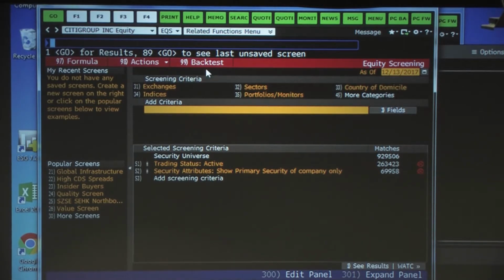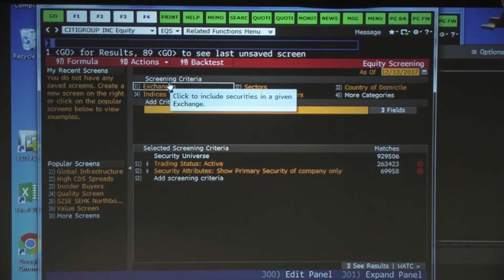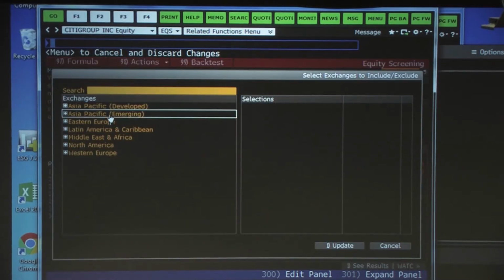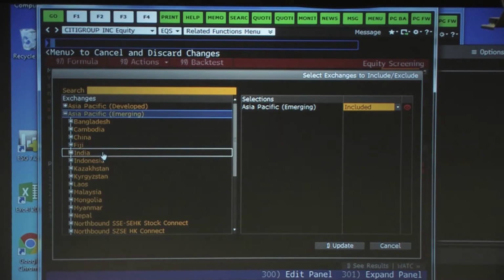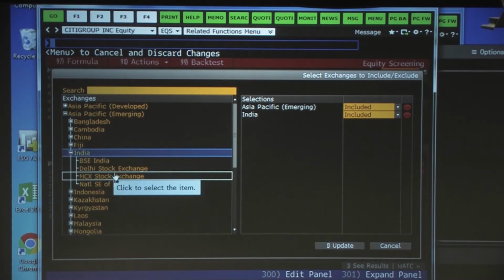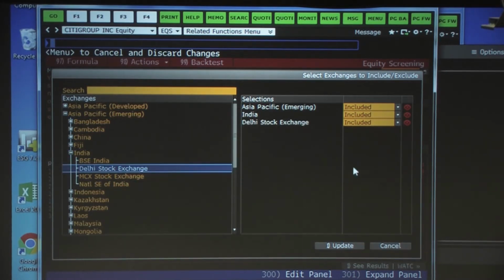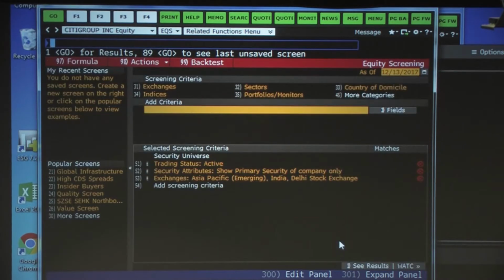If we say we want to look at stocks from a certain exchange, let's say we want to go to Asia Pacific, we want to look at India, we want to look at stocks on the Delhi Stock Exchange. We can go that deep into a certain country. If we click on update, right now it tells us how many stocks were caught by our filter.